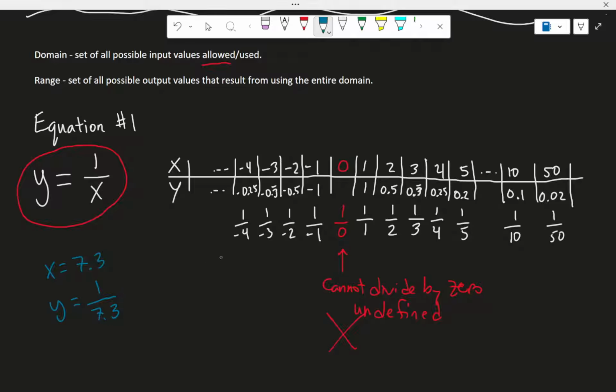I think it's allowed. So we could see here that the only number that probably isn't allowed is this bad one right here. We can't plug in a 0 because we would get an undefined output. And we don't like that. So what I would say is our domain is going to be anything but 0.